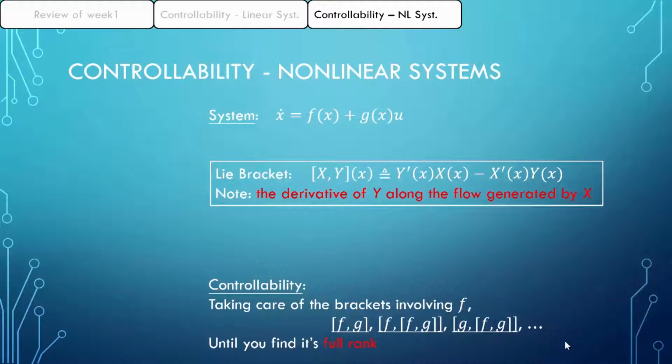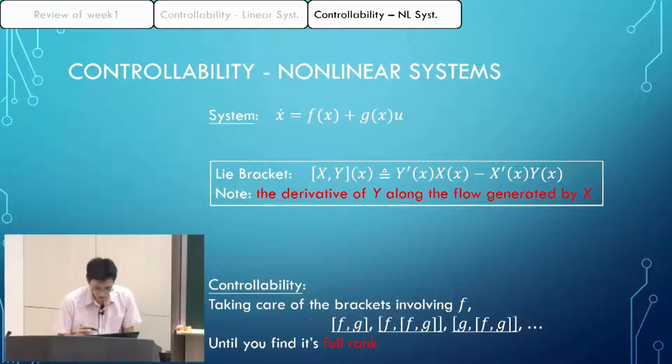Today we'll briefly review the previous course about the controllability for nonlinear systems. I will give you a quick comparison with controllability of linear systems. We mentioned that for the nonlinear system to be controllable, you need to evaluate these conditions.